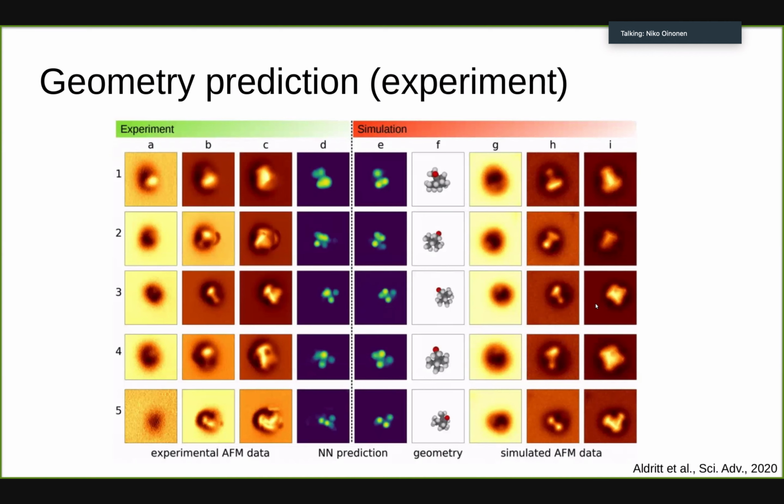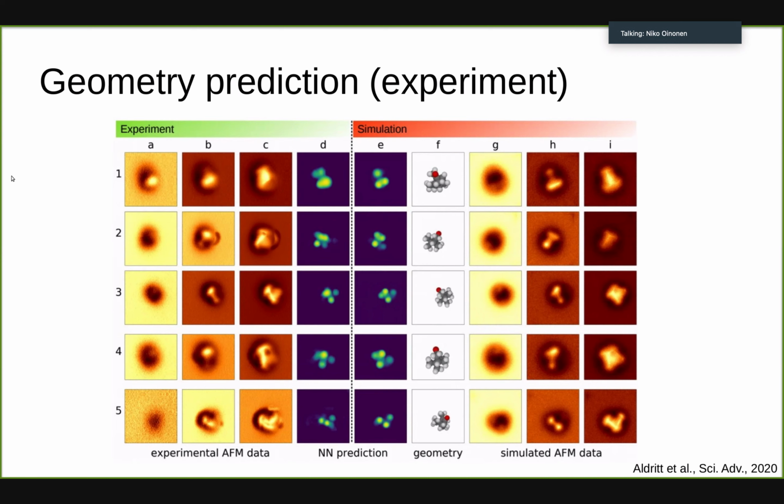Now, of course, the real test is on the real experimental data, because I remind you, we trained the model on the simulations. So we obtained a whole bunch of experimental images of this 1s camphor molecule.